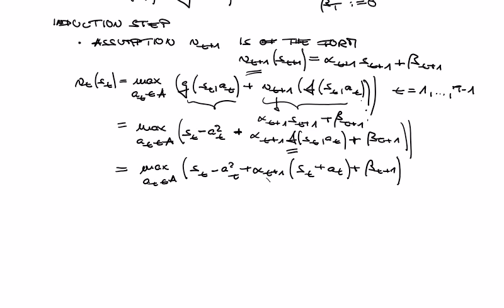So this is now if we just substitute into the Bellman equation the definition of the deterministic Markov decision process, so the reward function, the transition function, and our assumption that the value function at t plus 1 is given by this structural form.